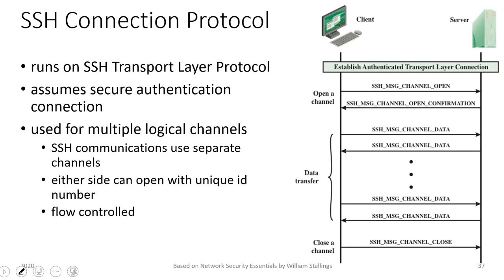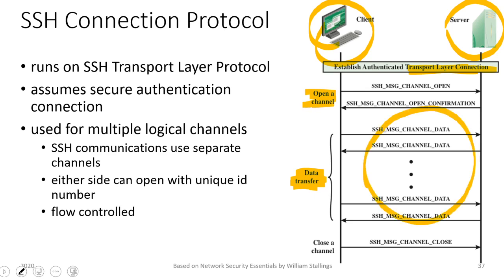This is the one that is going to create a secure communication channel and do the secure communication. The secure data transfer is the main purpose of the SSH connection protocol. Between the client and server, after the transport layer connection is established, it will open a new communication channel, do the data transfers, and that channel can be closed later.